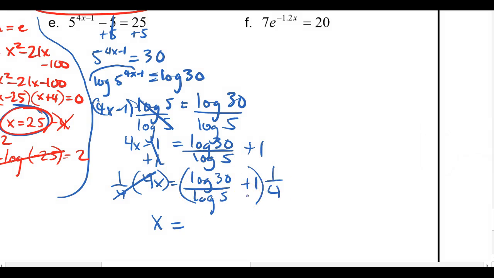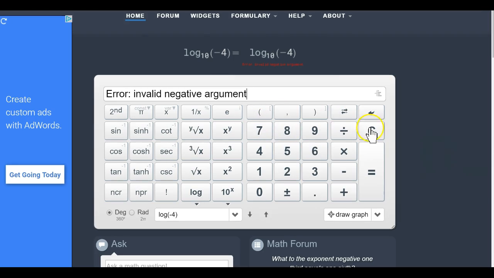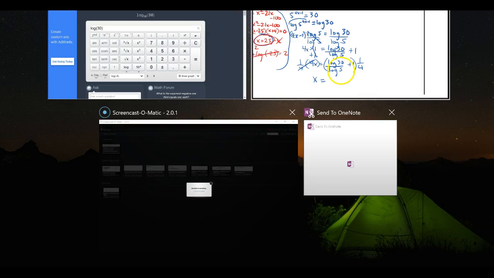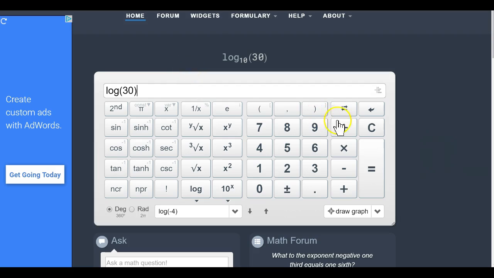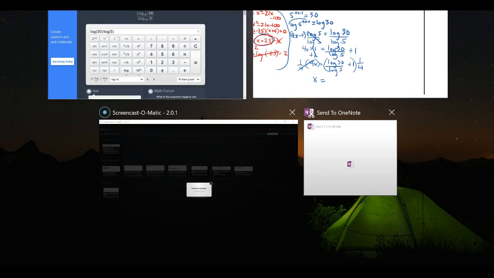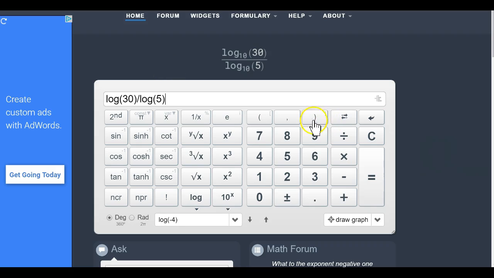Okay, so let's go ahead and do that. So we're going to have log of 30 divided by log of 5, and we're going to add 1. So actually put parentheses around all of that, and then add 1.